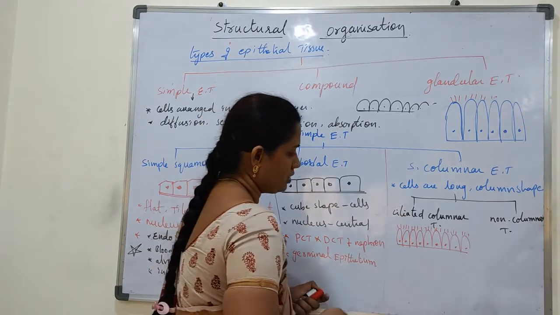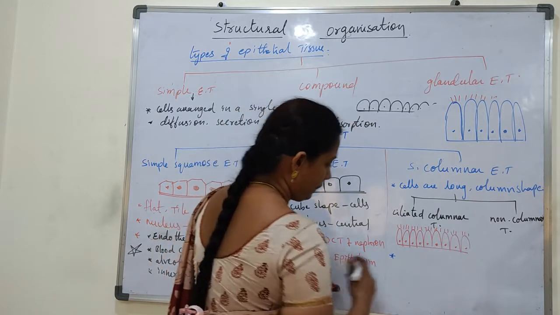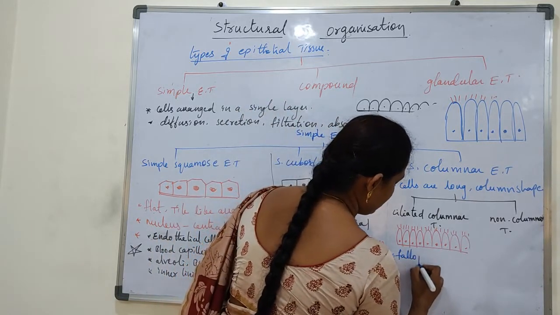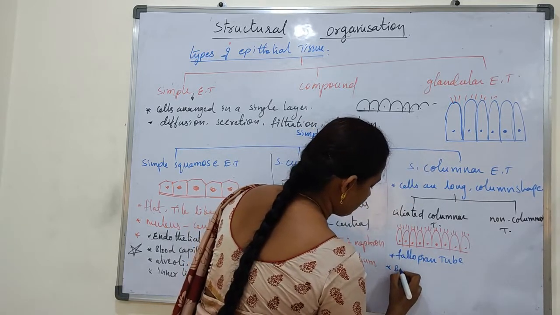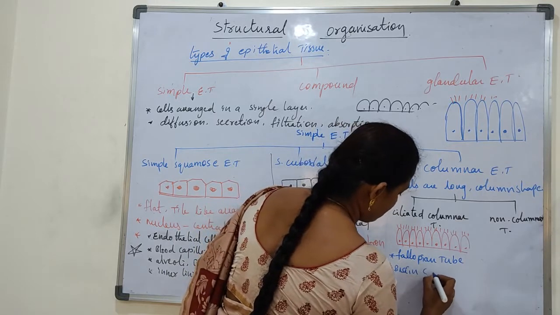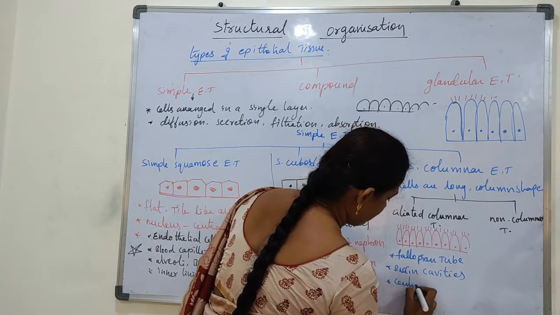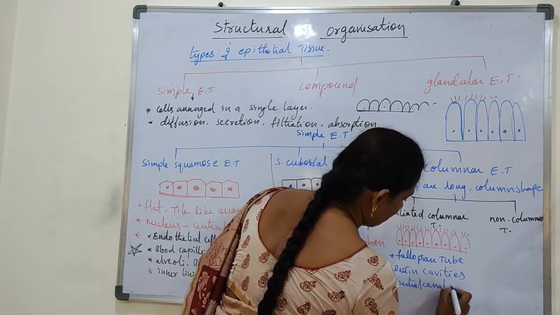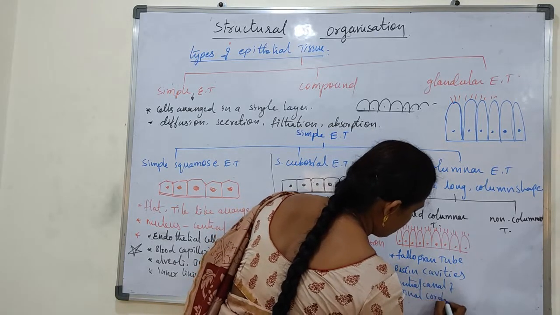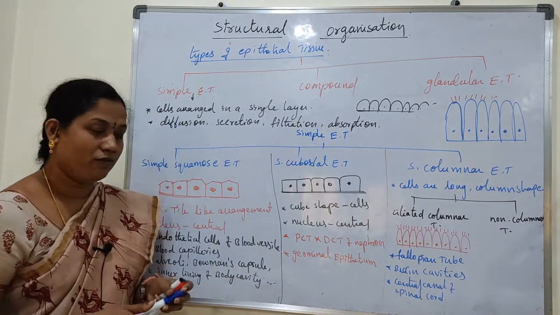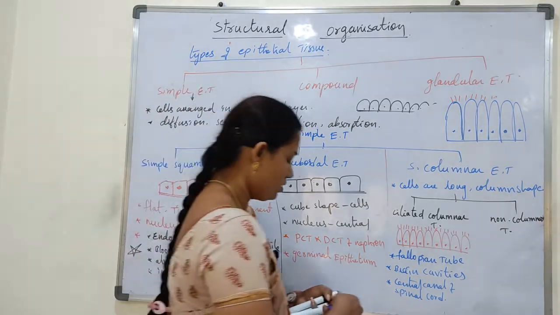Location is very, very important: fallopian tube, brain cavities, and the central canal of the spinal cord. Next, non-ciliated.